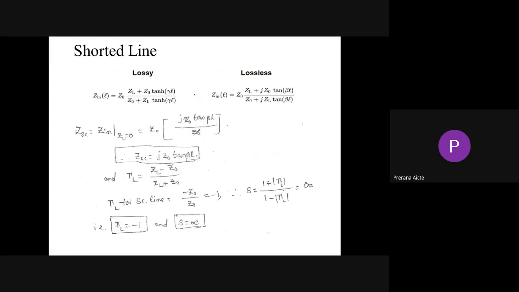Next, the transmission lines may be a lossy transmission line, a lossless transmission line, or a distortionless transmission line.